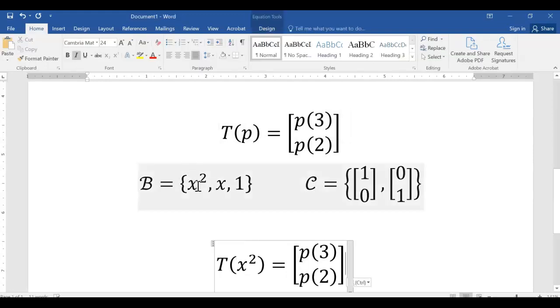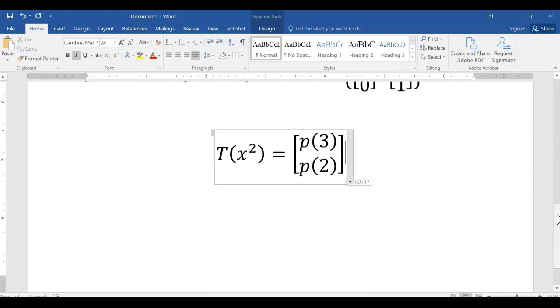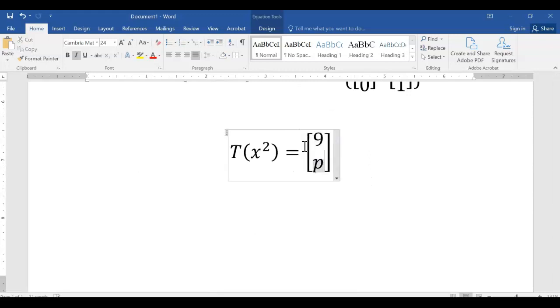Again, that x is just the variable x. That's not a vector. So it's a variable x, x squared, and plug in 3 and plug in 2. Well, when I plug in 3, I get 3 squared, which is 9. When I plug in 2, I get a 4. There we go.